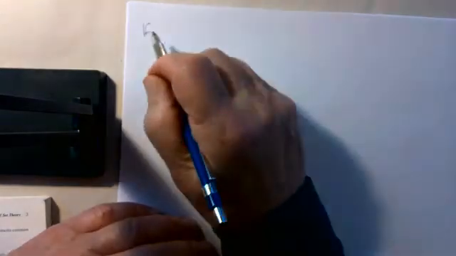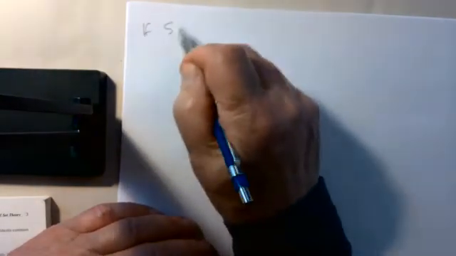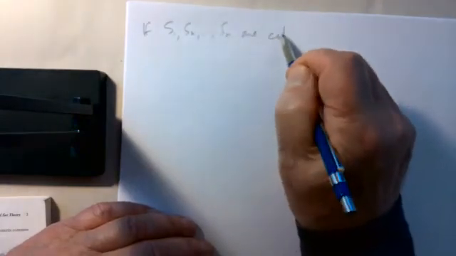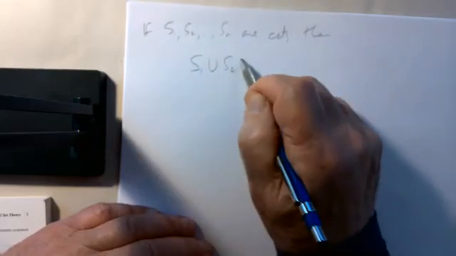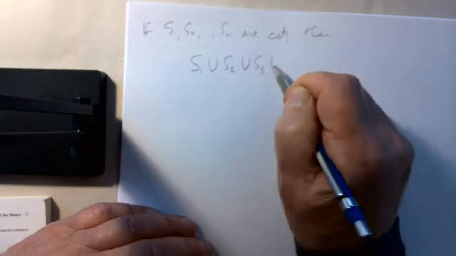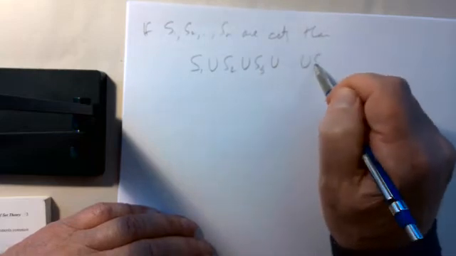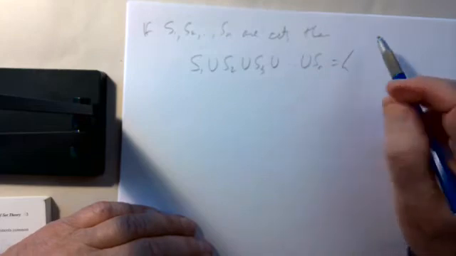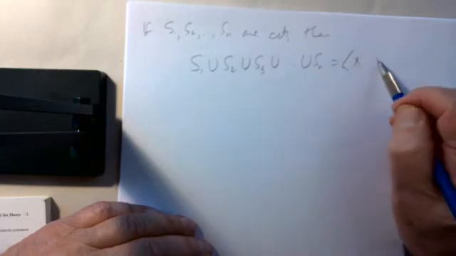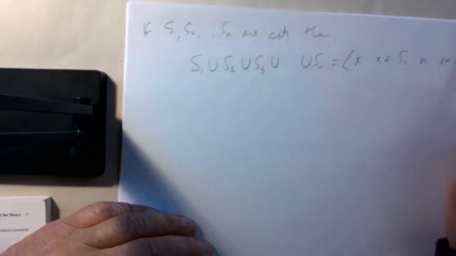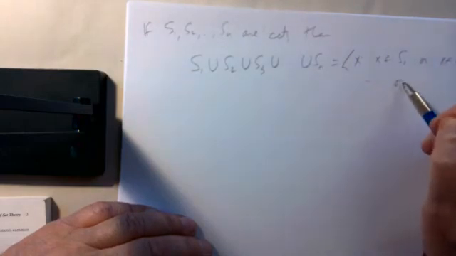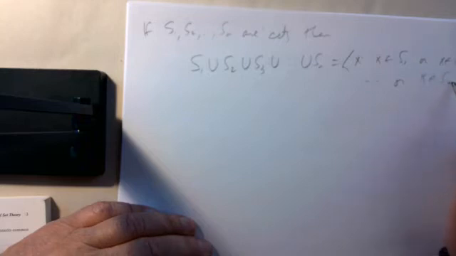So if S1, S2 up to S sub n are sets, then the union of these n sets, S1 union S2 union S3 dot dot dot union S sub n, is the set of all x such that x is in S1 or x is in S2 and so on, or x is in S sub n.